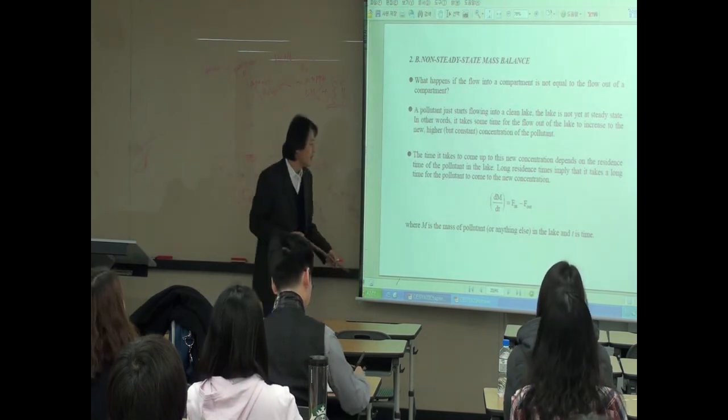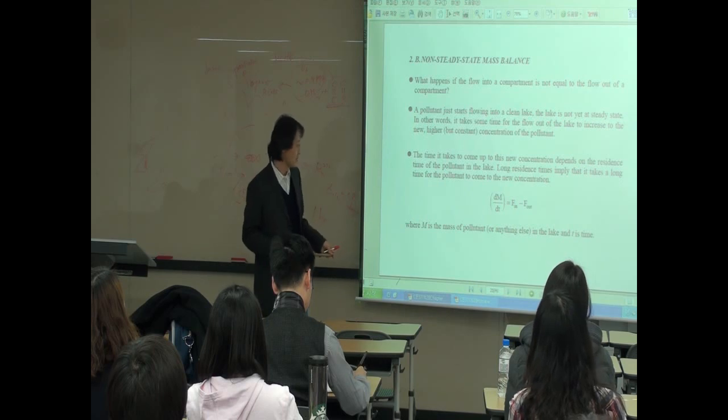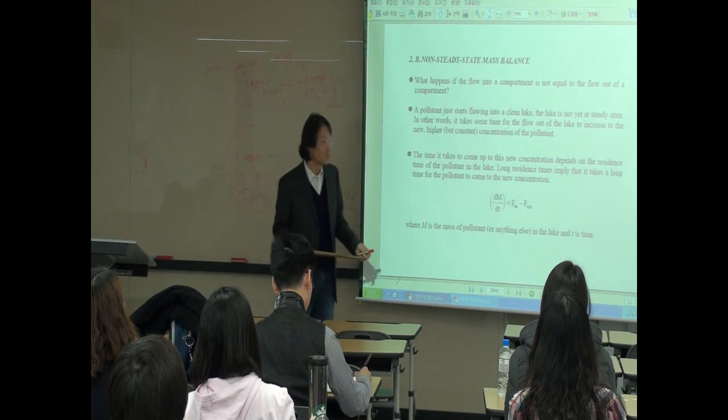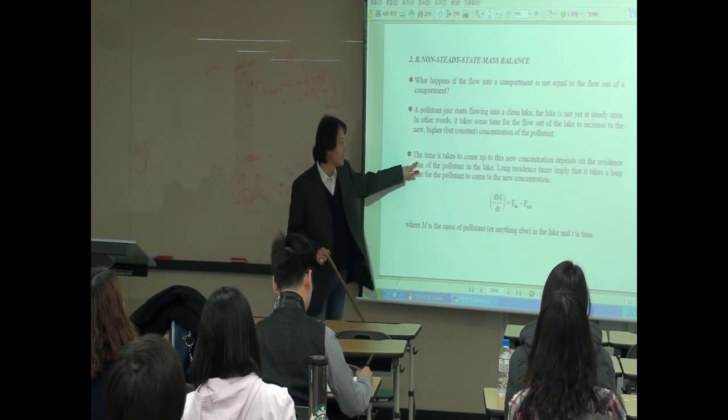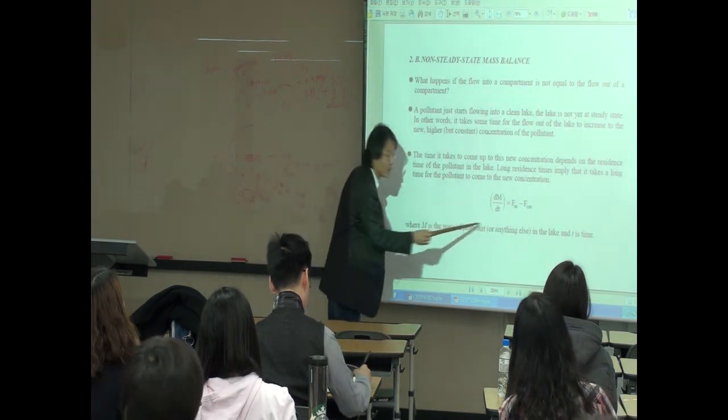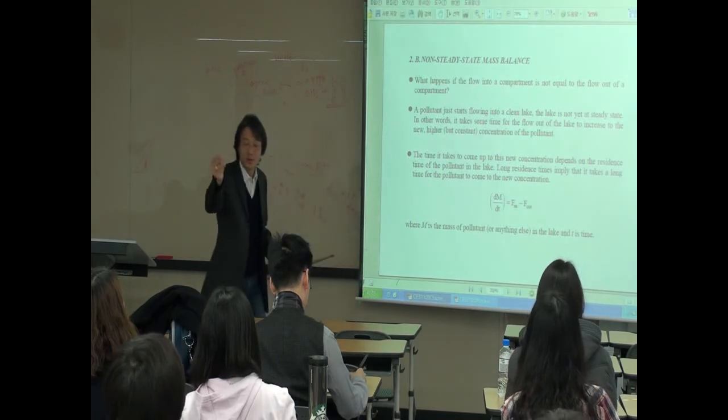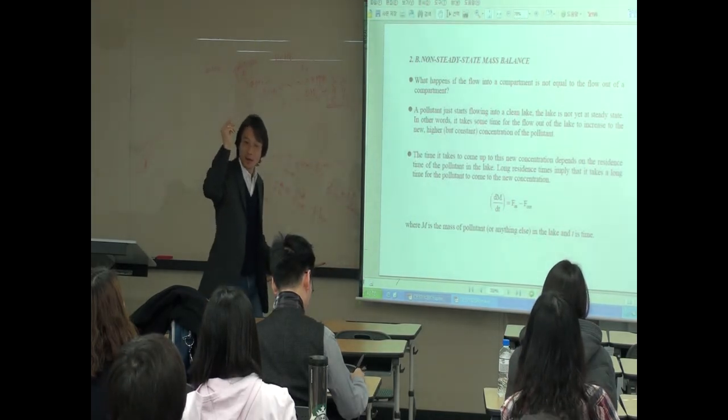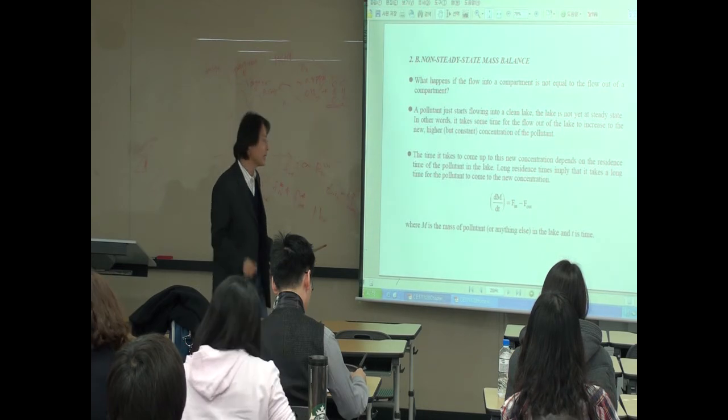So as you guys can think, the time it takes to come up with this new concentration depends on the residence time. As I already talked, at a certain point you can get the constant concentration actually.